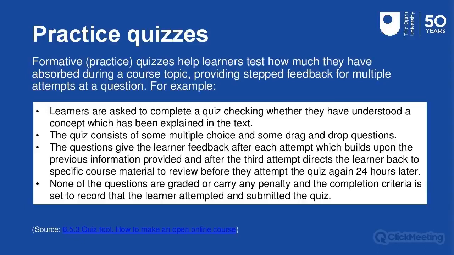And none of the questions are graded or carry any penalty, and the completion criteria is set to record that the learner attempted and submitted the quiz. And this is something that we do in the Open Learn badged open courses. We have practice quizzes in those, and this is how they are configured.